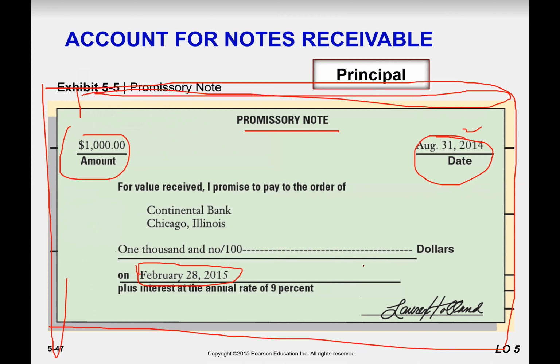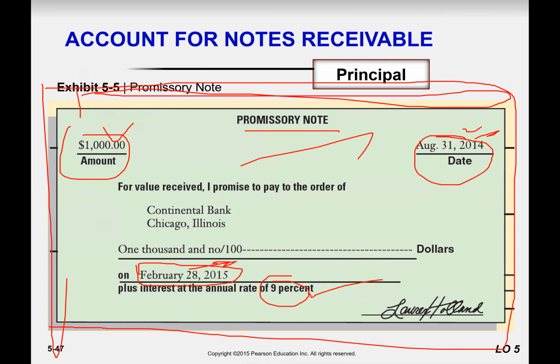This is the value in dollars here, and the annualized interest amount here, right? 1,000. So at the end, how much do you need to pay? 1,000 plus 9% interest for as long as it is outstanding. August 31st to February 28, which is, I think, 6 months, right? Yes, 6 months.